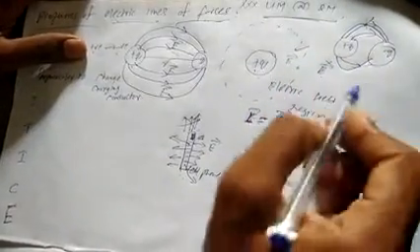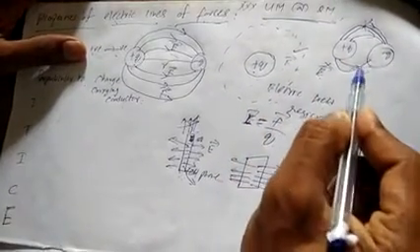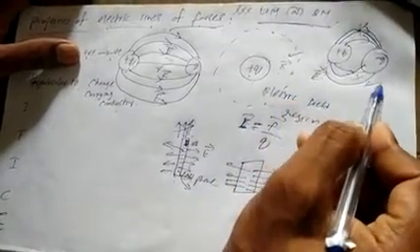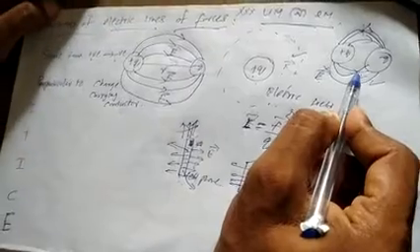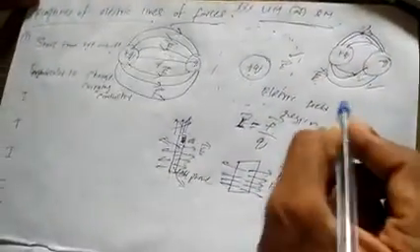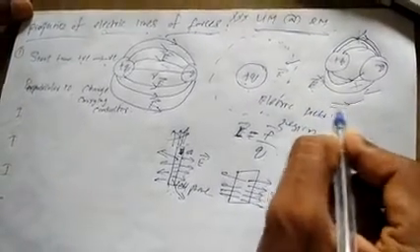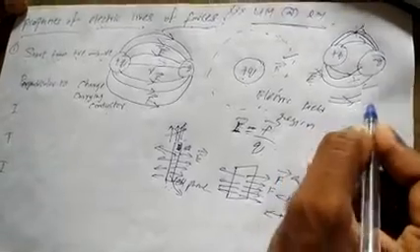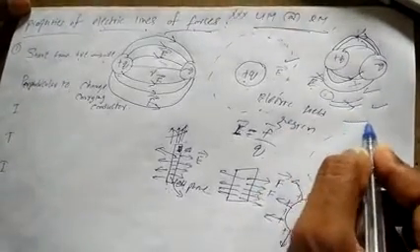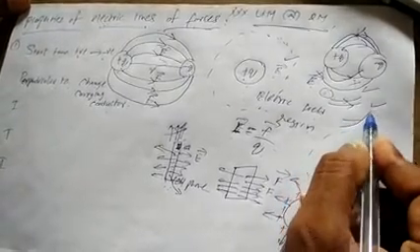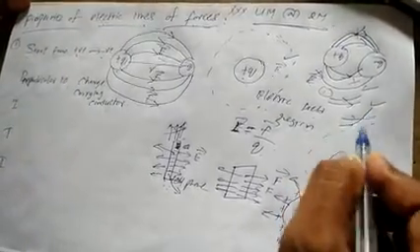If you take another electric field line here, it won't pass like this. So be careful. This electric field line must pass like this. This is the correct way. It won't intersect. So any two electric field lines never intersect. If one electric field line is passing like this, another electric field line must pass in the same way. This is the correct way. If another electric field line intersected like this and moved like this, it may not take place.